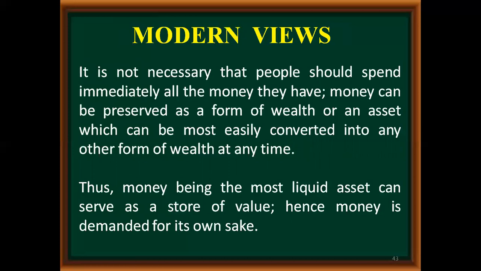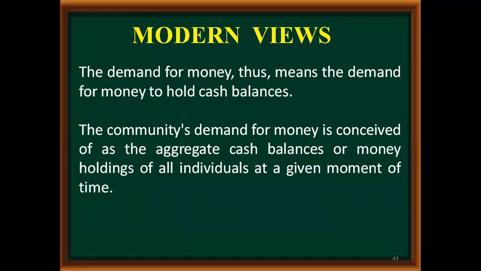Thus, money, being the most liquid asset, can serve as a store of value. Hence, money is demanded for its own sake. That means money is not only demanded for transactions or for buying goods and services, it can be demanded just for other purposes which money fulfills. So that is why modern views are broader as compared to classical views.